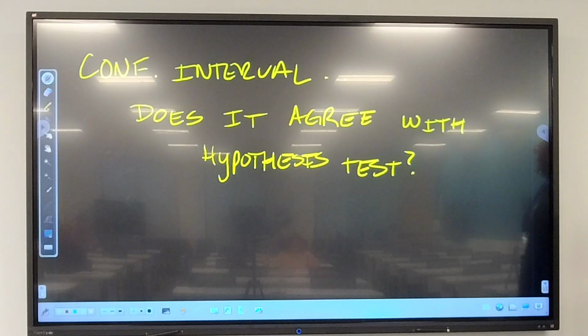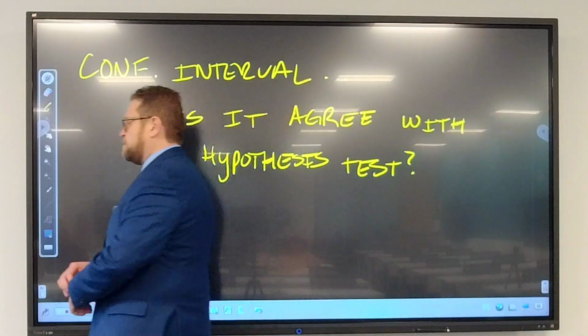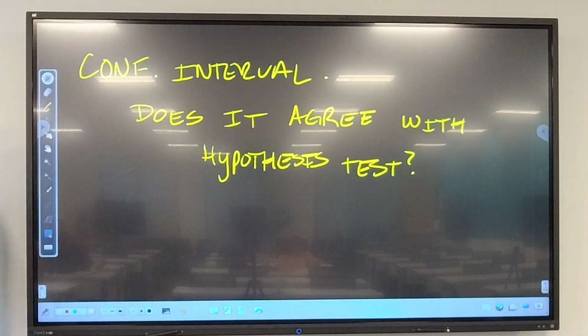So if you think back to how did we, in week 6, how did we get the test statistic to begin with? Because the confidence interval, that's what we did in week 5.